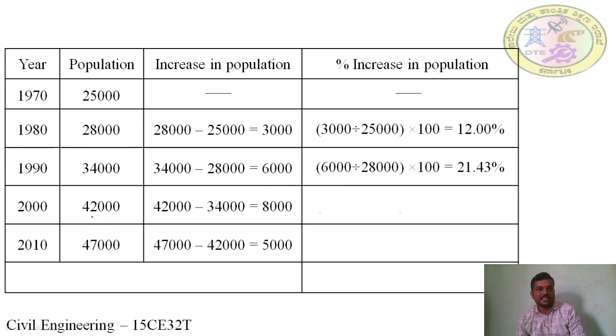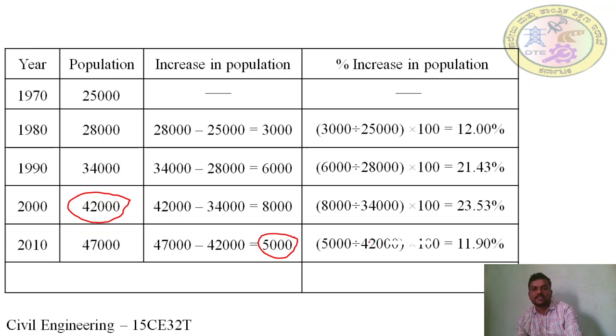Similarly, the percentage increase in population for 2000 is 8,000 divided by 34,000, which is 23.53%. For 2010, the increase in population is 5,000 with respect to 42,000. So 5,000 divided by 42,000 gives the percentage increase for the year 2010, which works out to be 11.9%.